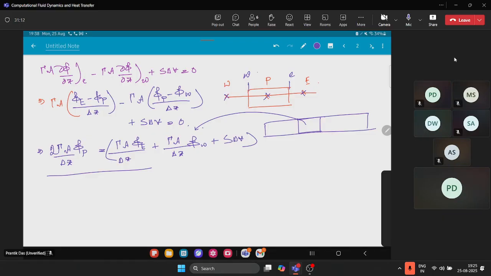So then what we did was, I also showed you how to deal with the boundary nodes, which I will show you again.